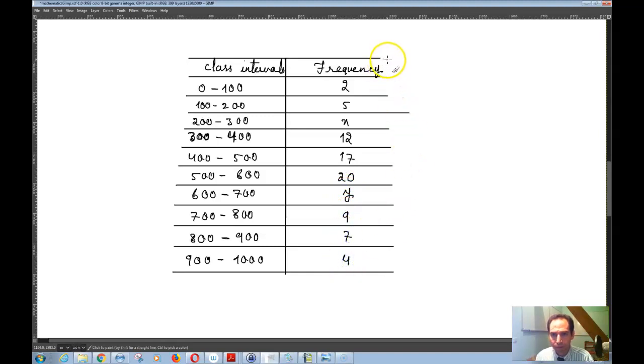Okay, this is basically the list of numbers that you have, or the data that you have, and that is your data.